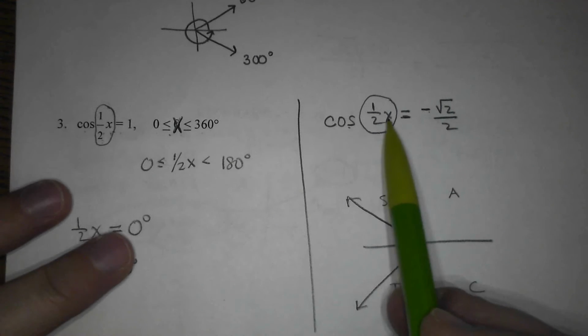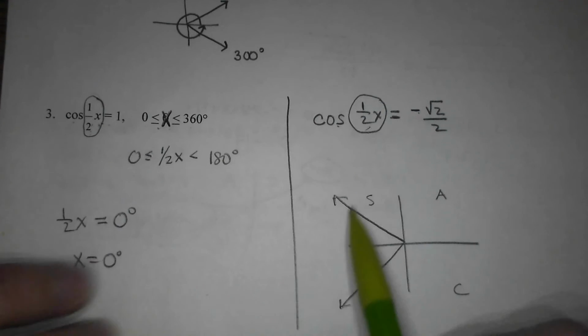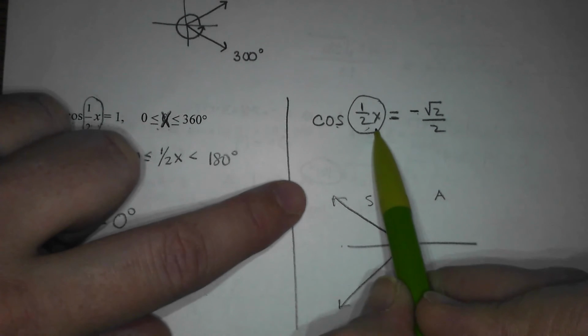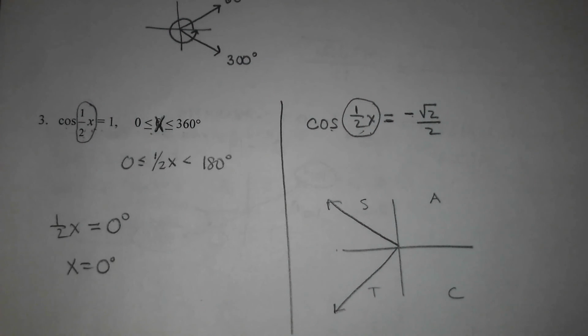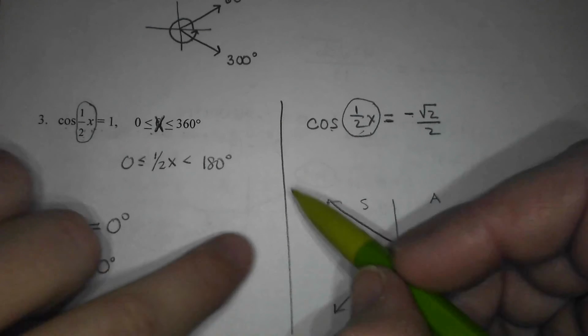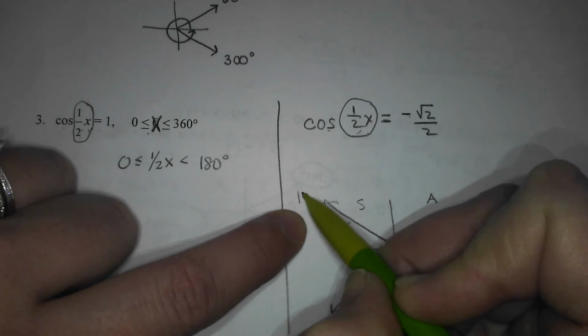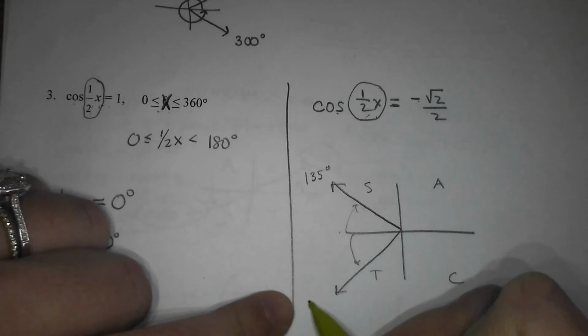But now it's half of x that's going to equal these things. So what is the reference angle for root 2 over 2? Let's go in degrees. If you look at your red chart, cosine is your x coordinate. When does your x coordinate equal root 2 over 2? At 45 degrees. So 45 is our reference angle. So this one will be 180 minus 45. And this one will be 180 plus 45.